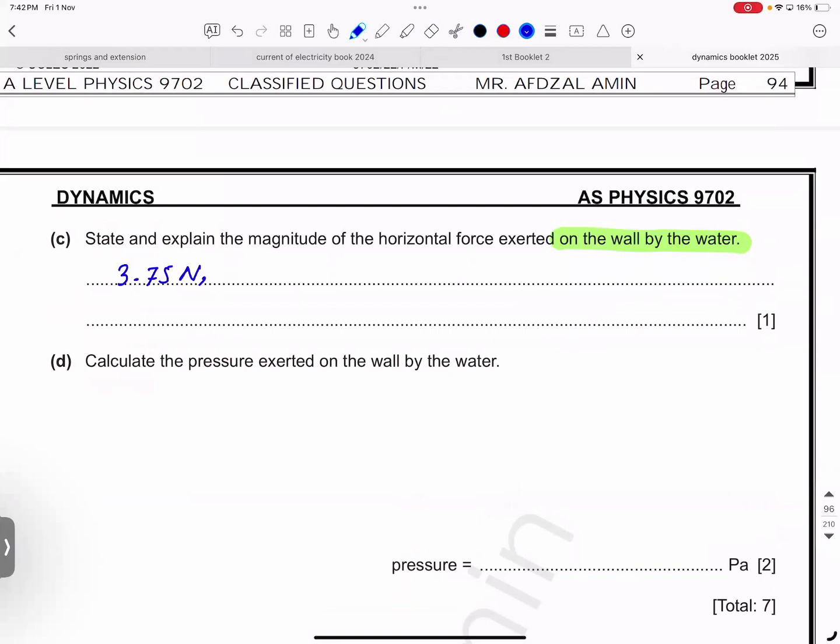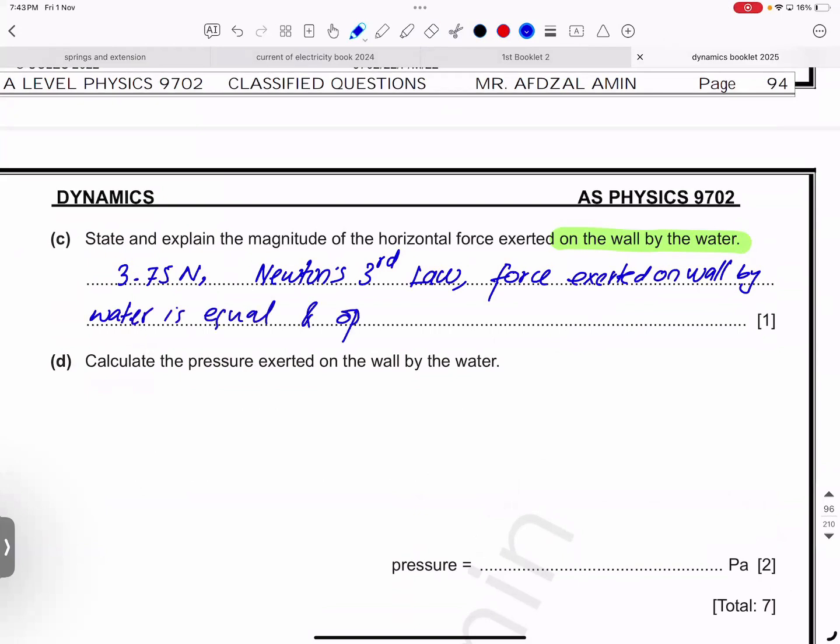So according to Newton's third law, the force exerted on wall by water is equal and opposite to the force exerted on water by wall. Newton's third law of motion.